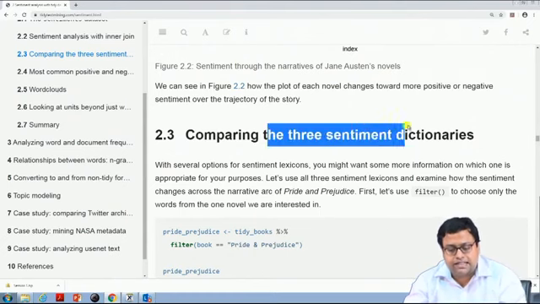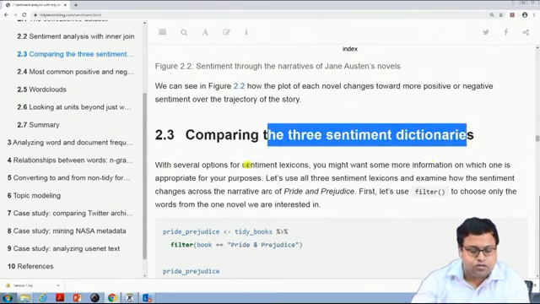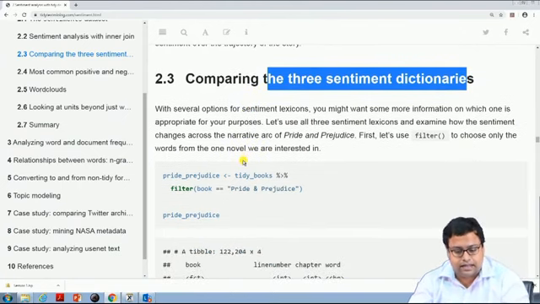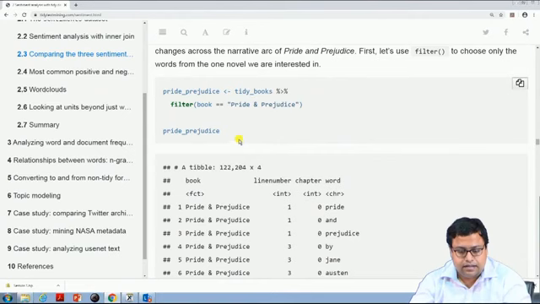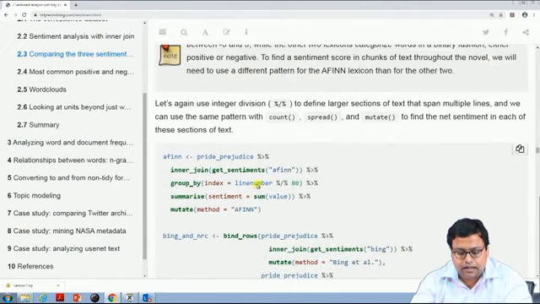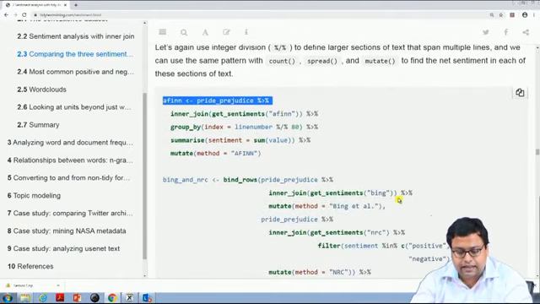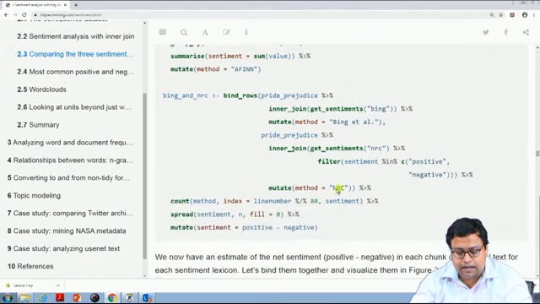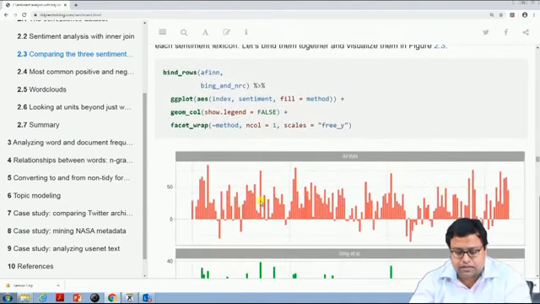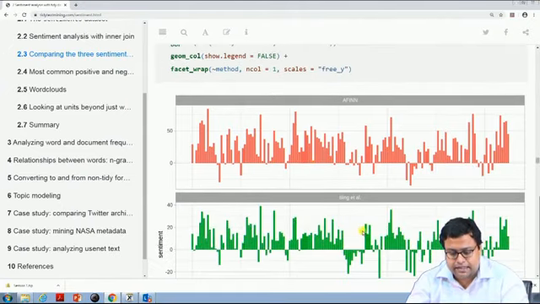So, comparing the three sentiment dictionaries. In section 2.3, they have compared the three sentiment lexicons, for Pride and Prejudice; this is the data set that they have used. First, they have used the AFINN library, and then they have used the Bing library, and then NRC, and they counted in all of these. This is AFINN and this is Bing.